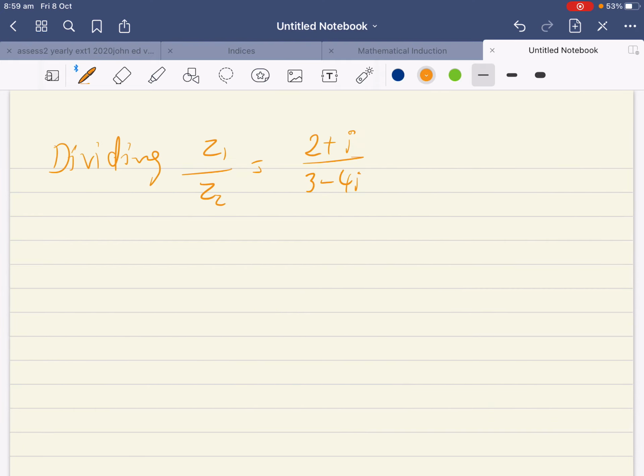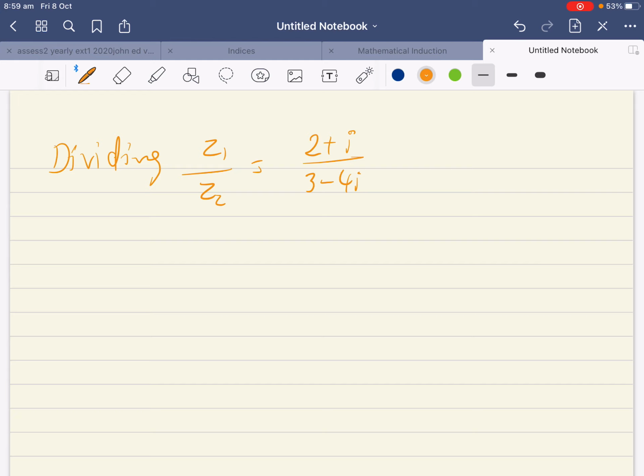Okay, so if you want to divide these, you don't worry about your synthetic division, that's for unknown numbers, your polynomials, that sort of thing. Both of these numbers are known, right? Like I'm saying, they're not the normal counting numbers. You don't need imaginary numbers to count the number of sheep there are in a paddock, but they are real numbers. They're known numbers. So we're just going to go ahead and divide them.